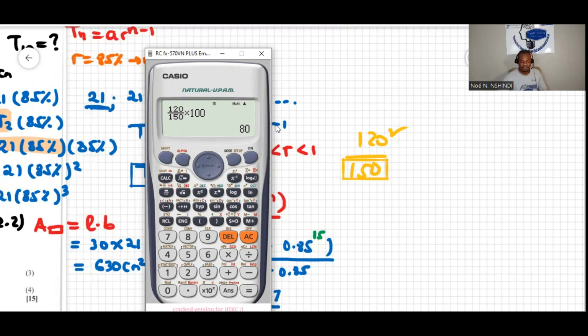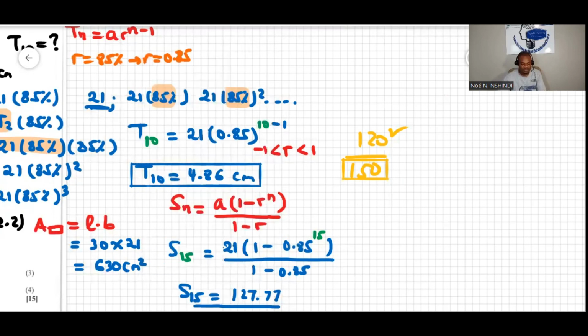To find the percentage of the gray colored rectangles, it's going to be 127.77 divided by 630, because this is the area of the whole paper, multiplied by 100%.